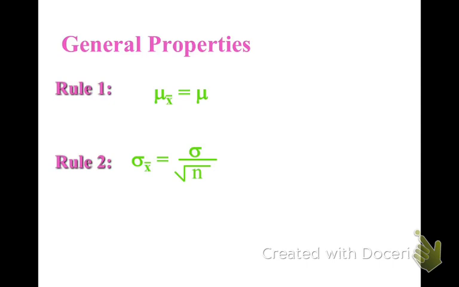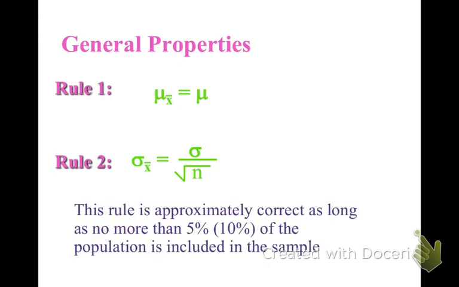Now, this rule only holds as long as no more than 5 or 10% of the population is included in the sample. Remember, if we have a finite population and our sample is too large, we can't use this second rule to approximate the standard deviation for our sampling distribution of x bars. So the examples that we did earlier, pulling samples of size 2 and 3, those were far too large of a sample from a very small finite population.